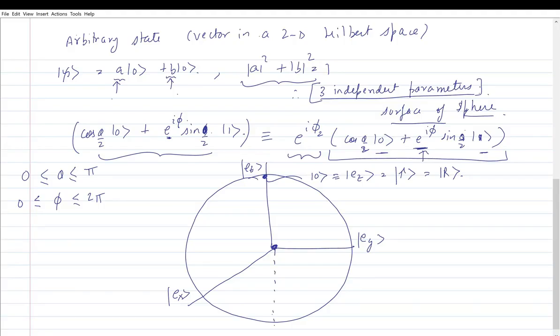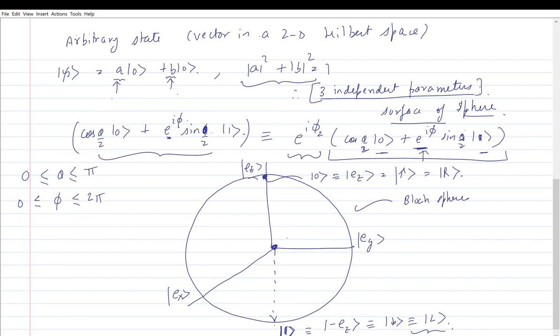The orthogonal state, mind you, is 1. 1 and 0 are the orthonormal bases, but on this Bloch sphere, the sphere is called the Bloch sphere, orthogonal states are diametrically opposite on the Bloch sphere, and this is minus e_z, or in other words, it's the down spin, or it's going to be represented by the left circularly polarized light.